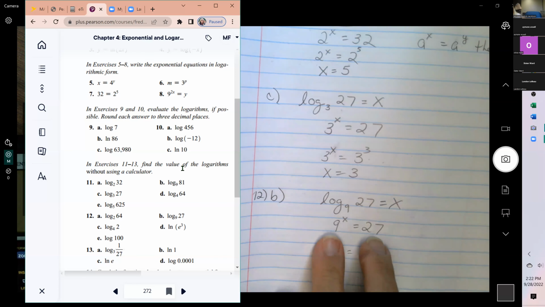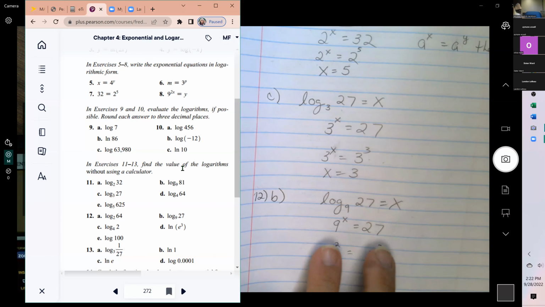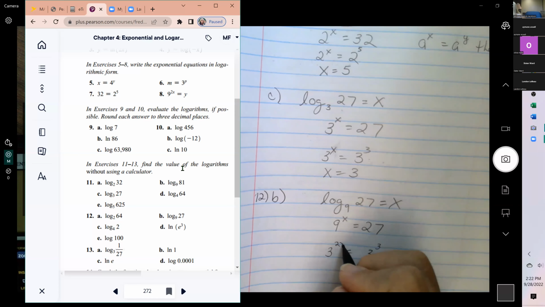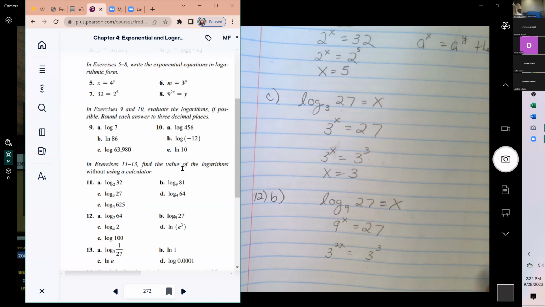So sometimes you can't get it down to the same base, and you may have to work with both of them to get them to the same base. And then an exponent to an exponent is multiplied. So whatever is already in an exponent, if you rewrite to get more exponent, they're multiplied together.